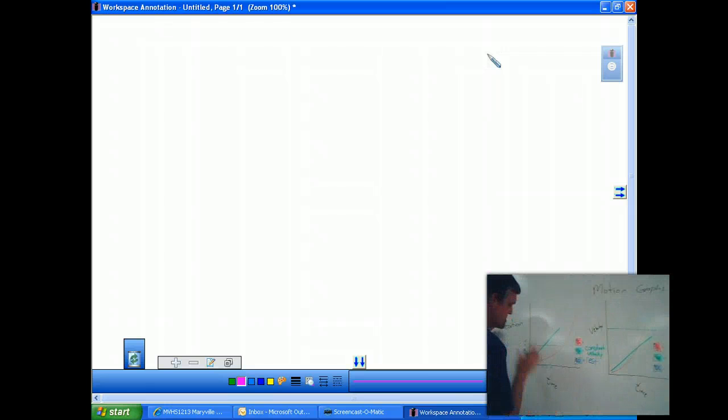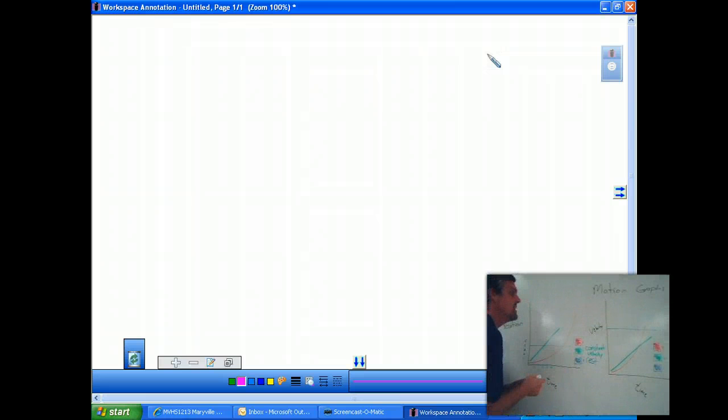So in a position versus time graph, which you may see using some of the equipment we have here in the classroom, it'll produce a position versus time graph. You need to know that a straight line going up in that direction is an object moving at a constant velocity. And the other option is this curved line. And what we have here is an object that is not moving at a constant velocity.